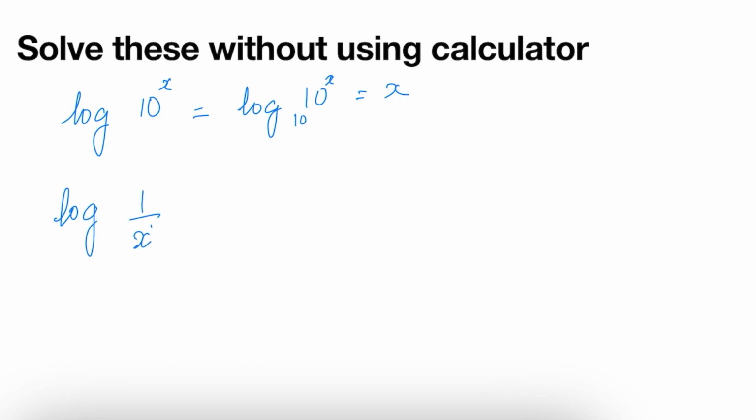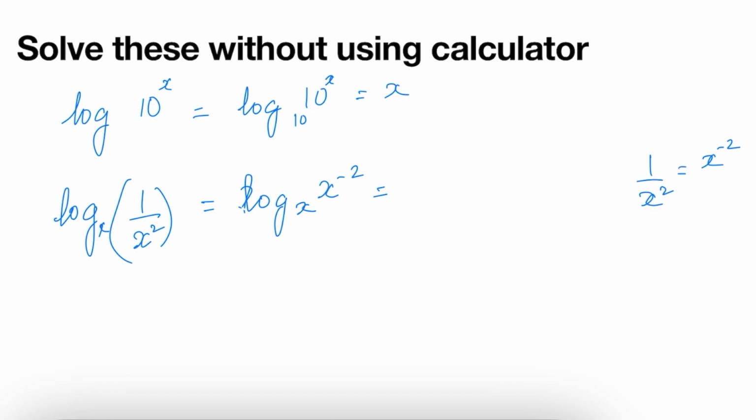Log 1 by x square to the base x. What is the value? So can we write 1 by x square as x to the power something? We can write it as x to the power minus 2. So this will become log x to the power minus 2 to the base x. Can you guess the answer? So we have the same argument and the base, so the answer is minus 2.